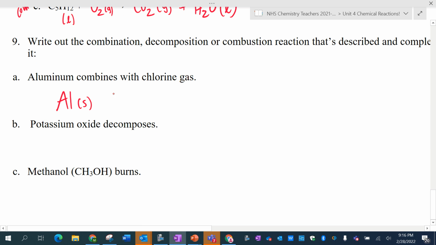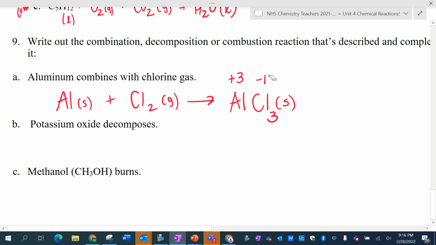Aluminum combines with chlorine gas. And so Al and Cl are in a new relationship. Al is +3, Cl is -1. And this is going to be a solid, so this is AlCl3.